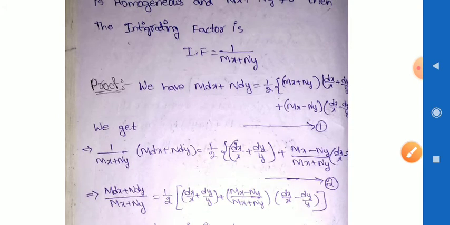We have M dx + N dy. Now M dx + N dy can be written in the form 1/2 [(Mx + Ny)(dx/x + dy/y) + (Mx - Ny)(dx/x - dy/y)].